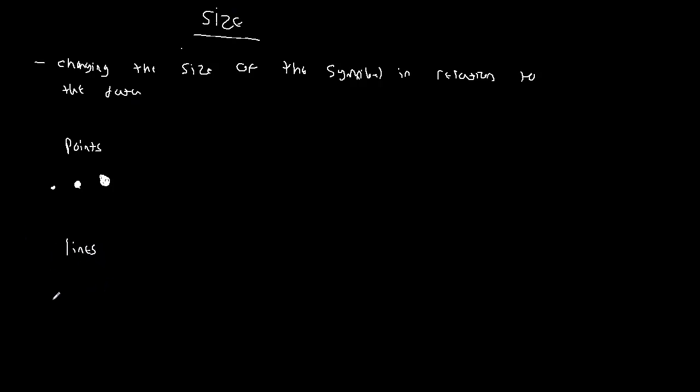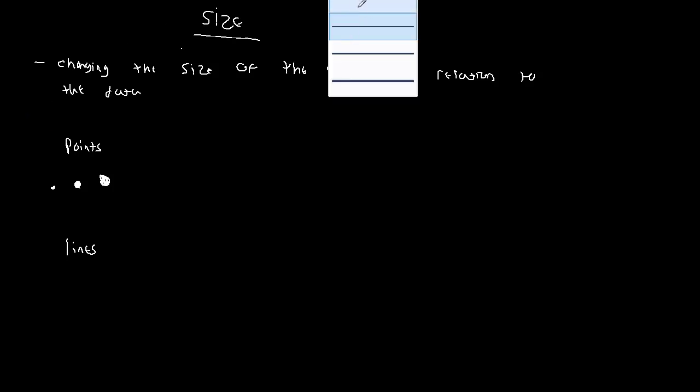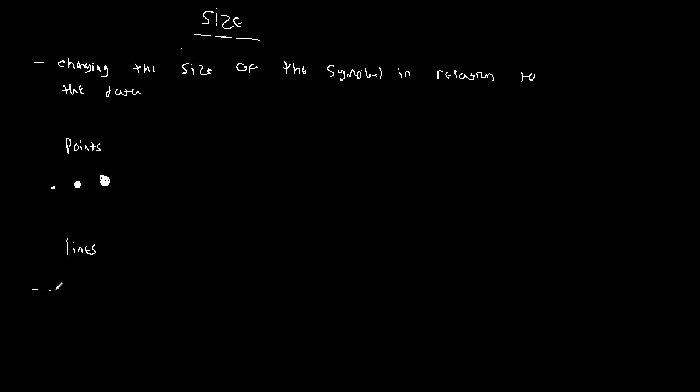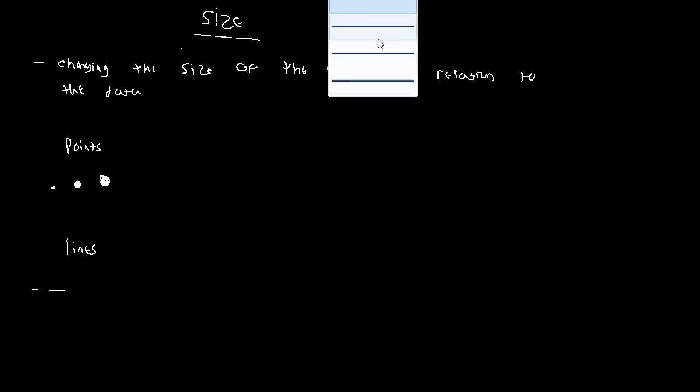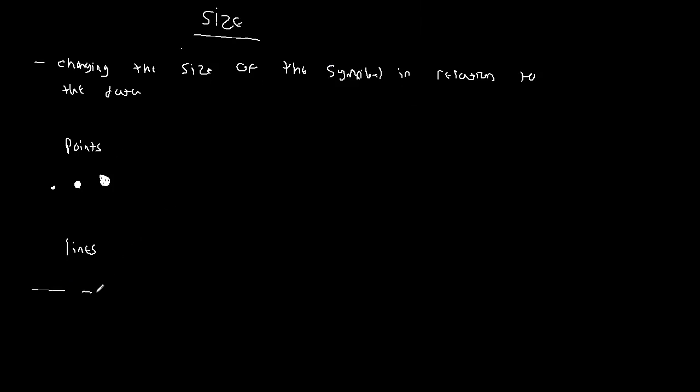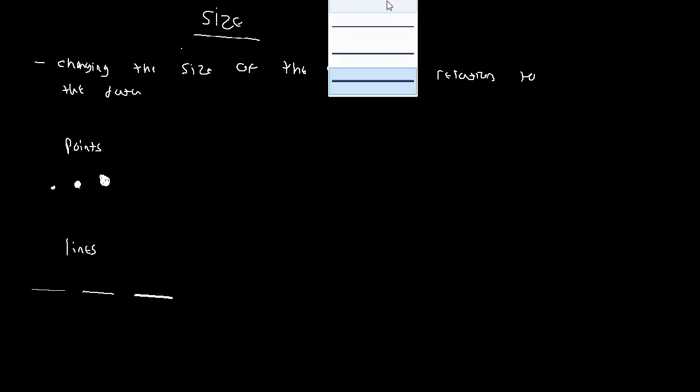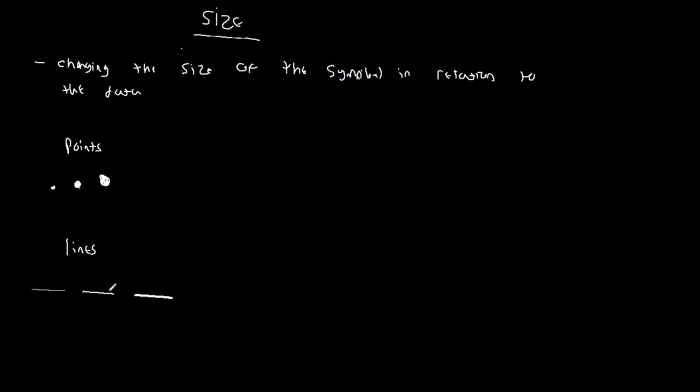Right, for lines, right, we might have a line be, let's use the size built into the software. We might have something like that, and maybe we jump up to something like that. Right, the width of the line here, the difference in width, this is size.